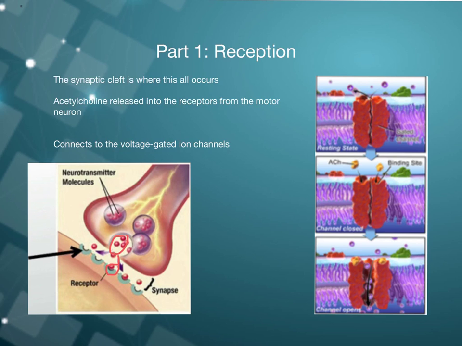This allows calcium ions to enter, released from the sarcoplasmic reticulum, which is a specialized endoplasmic reticulum. To break down the acetylcholine, an enzyme called acetylcholinesterase does this to stop the action potentials.